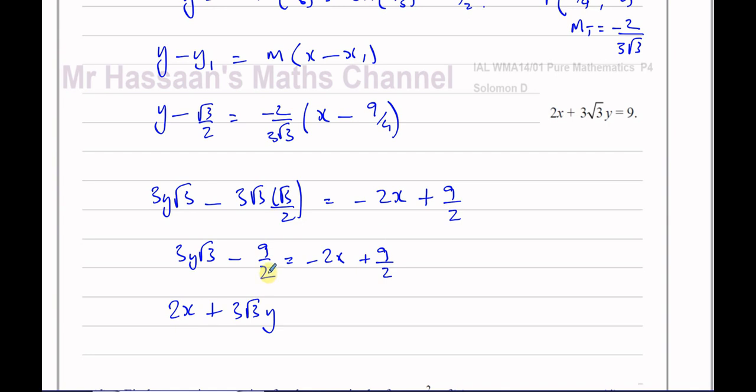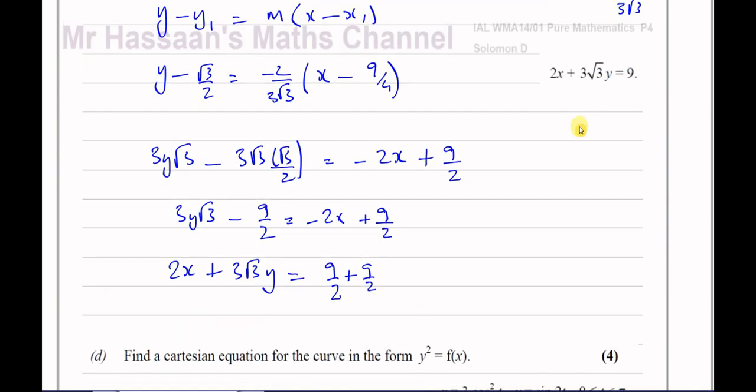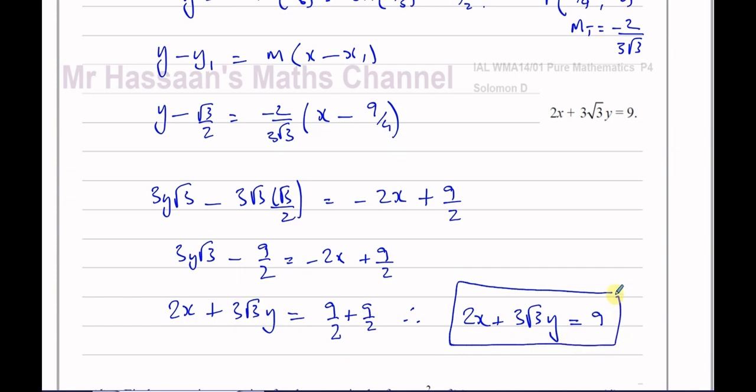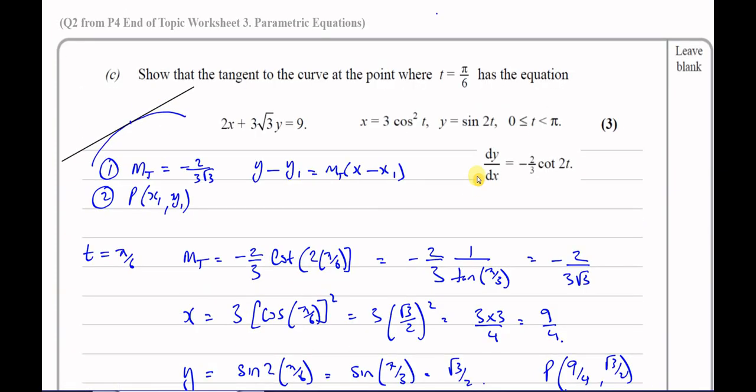We want to put it on that side, so let's keep this 9 over 2 over here, so we have 9 over 2 plus another 9 over 2. Of course that gives you 9, because that's 18 over 2, which is 9. So that's exactly as we have to show. Therefore we found 2x plus 3 times root 3 y is equal to 9, and we've shown exactly what we have to show to answer part C of this question.